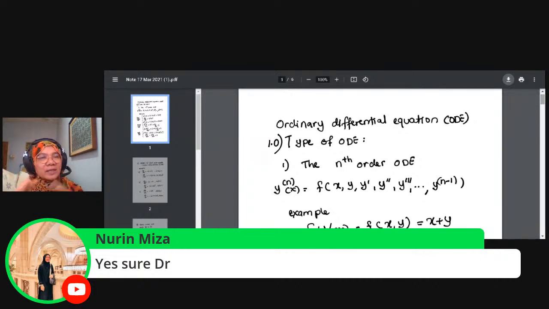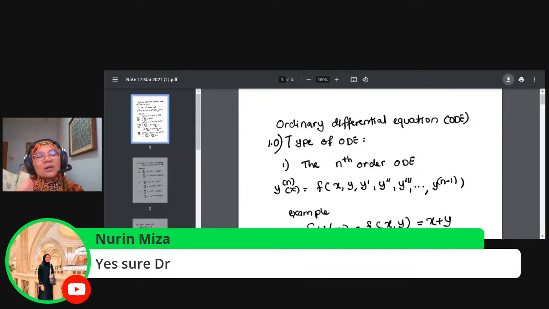All right. So ODE can be a higher order: first order, second order, third order. This means the derivative is considered as the order. When I say order, the level of the derivative is the order of the ODE.